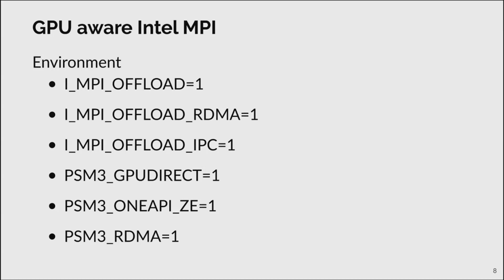Unfortunately, it is not clear from the documentation what the interaction between these variables is. For example, if somebody reads the documentation for PSM-3, there is a very worrying warning that if that variable is not set to 1 and somebody tries to use the GPU buffers, then the behavior is not well defined.